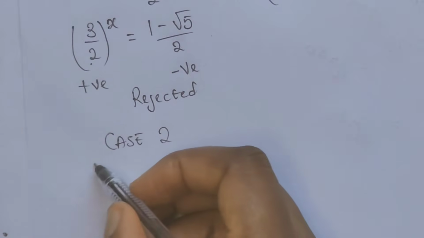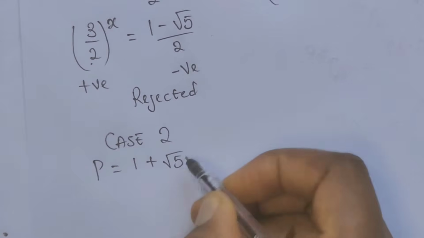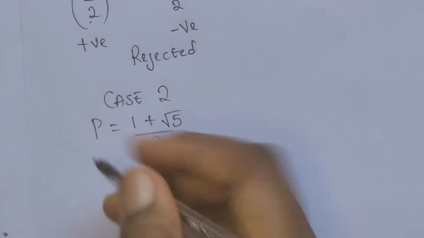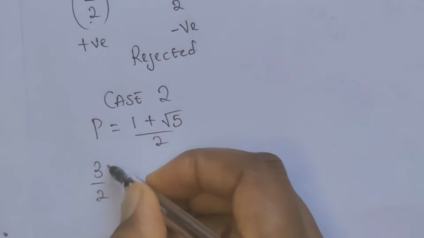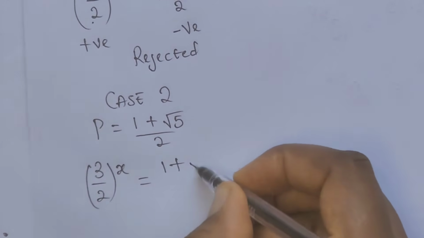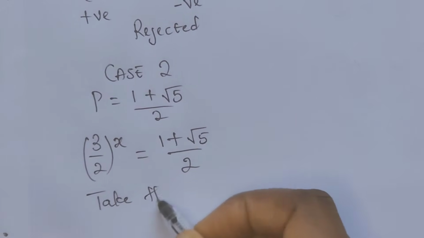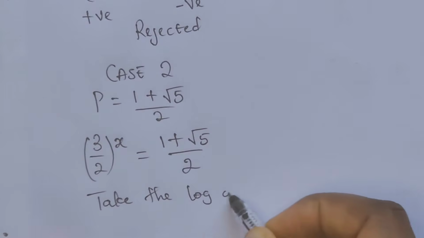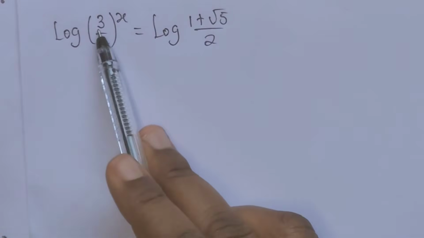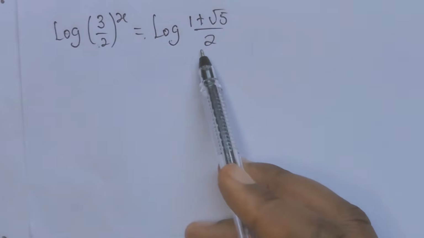So for case 2, we have p to be equal to (1 plus root 5) over 2. And our p is (3 over 2) all to the power of x, which is equal to (1 plus root 5) over 2. So from here, let's take the log of both sides. So we have log of (3 over 2) to the power of x is equal to log of (1 plus root 5) over 2.